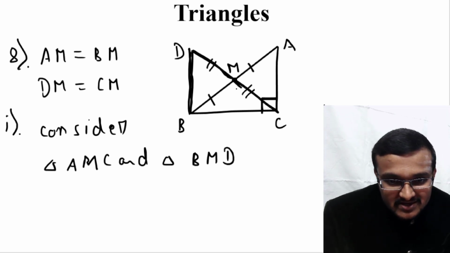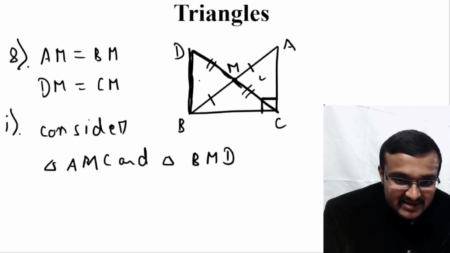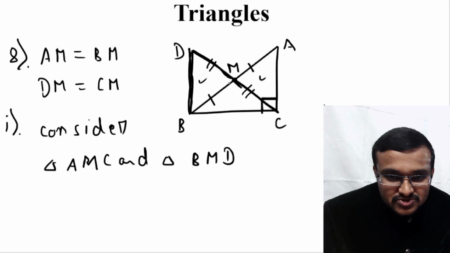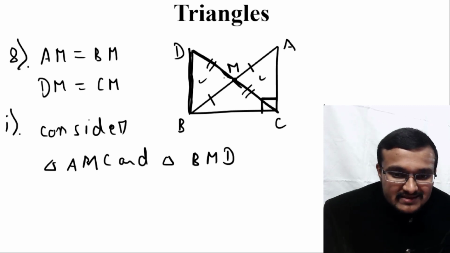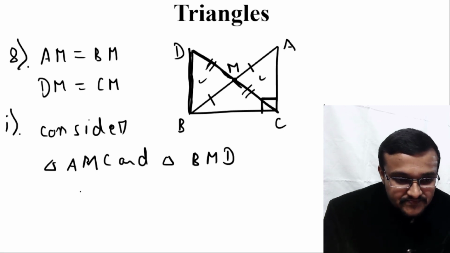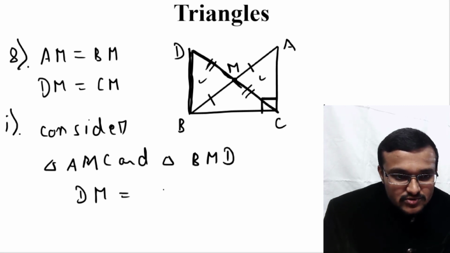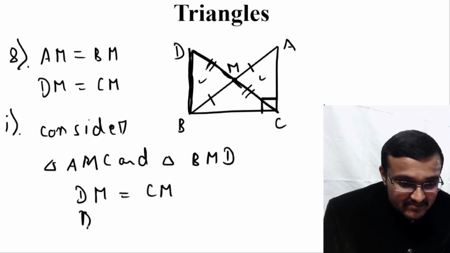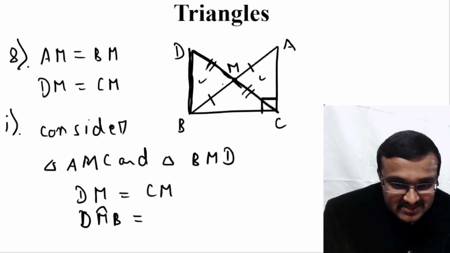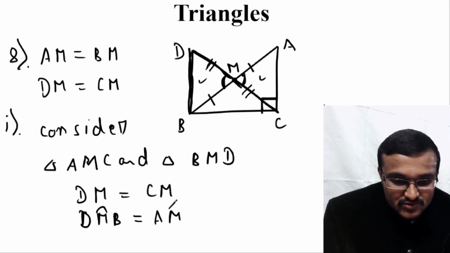That is this particular triangle and this particular triangle, you have to prove they are congruent with each other. So here clearly you can see that this particular side DM is equal to CM, and here angle DMB will be equal to, that is this particular angle will be equal to AMC. So here DMB is equal to AMC.